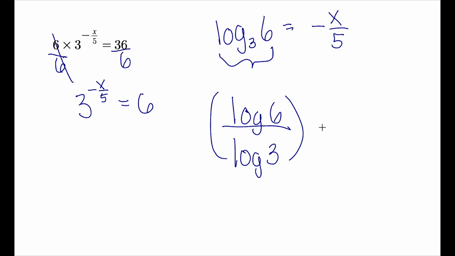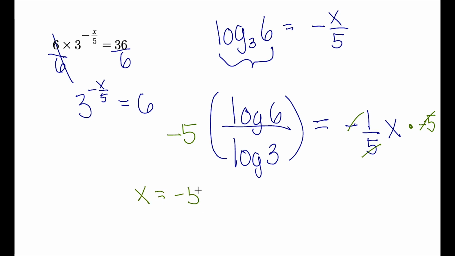And negative x over 5 is equivalent to negative 1 over 5 times x. So in order to move the negative 1/5 to the other side, we'll multiply both sides by -5. So the negatives cancel and the 5's cancel, and we move the -5 to the left. So in exact form, x is -5 times log 6 over log 3.